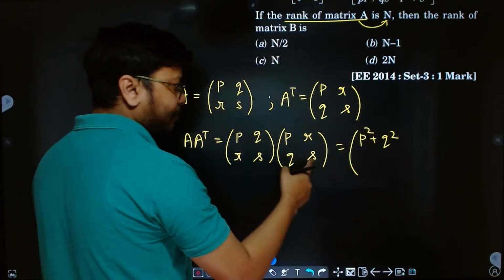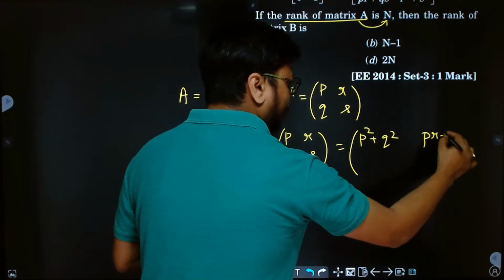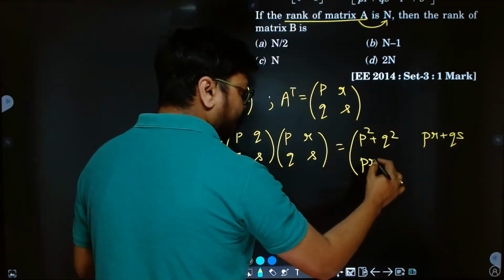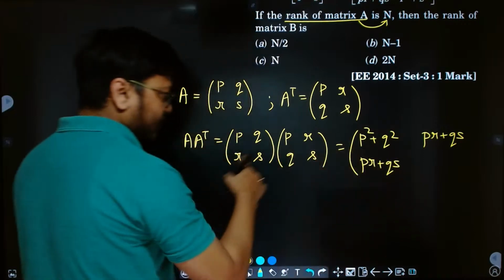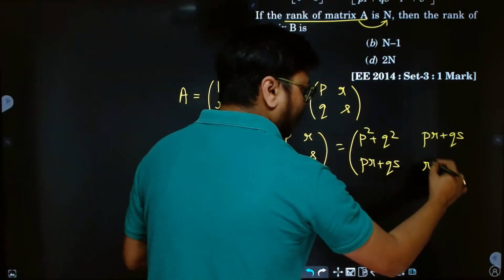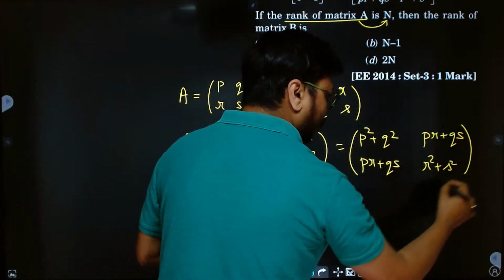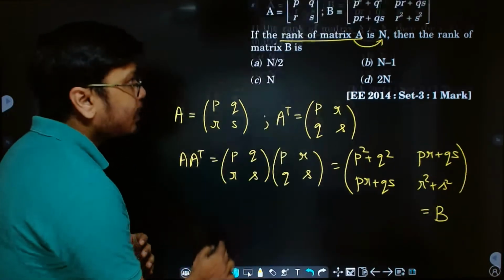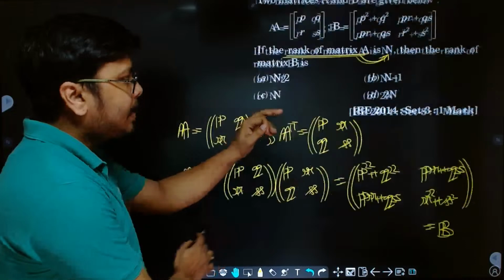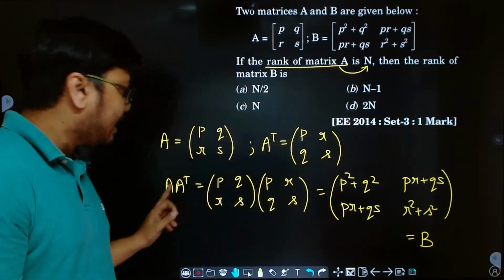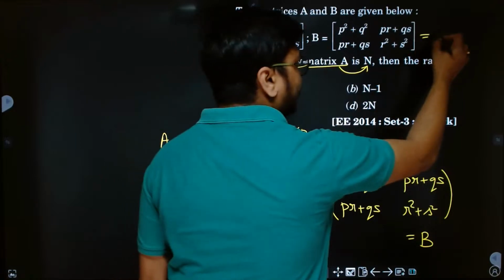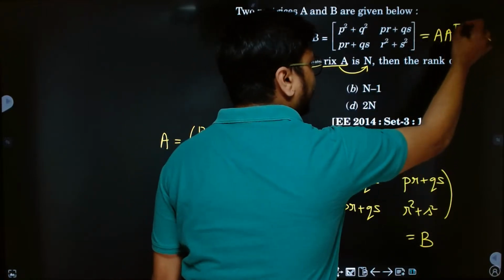Next will be PR plus QS, PR plus QS again. Next will be R square plus S square. And if you observe, this is your B matrix, right? So I have got my B matrix by doing A into A transpose. So basically my B matrix is nothing but A into A transpose.